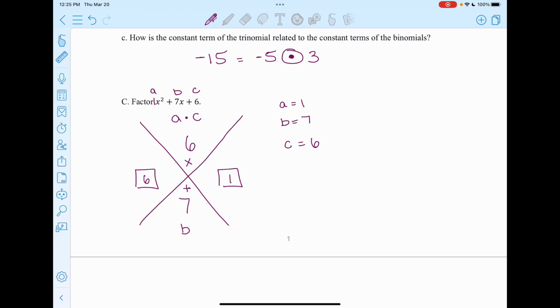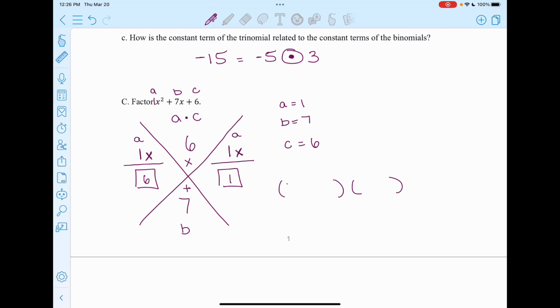The next step of your magic X is we are going to make fractions, and you're going to put your a value on top. So my a value is 1, so I'm putting 1 on top of both of my numbers that I figured out. From here, this helps us structure our binomials. Whatever number is on top is what goes next to the x.